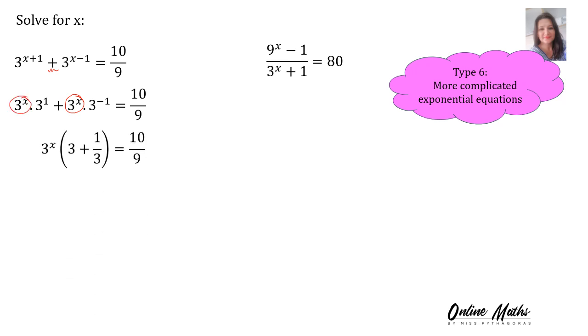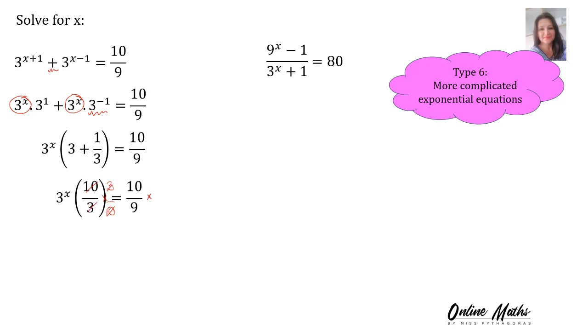So when I take out 3 to the x as a common factor, I'm left with 3 plus 3 to the power of negative 1, which is the same as a third. And then 3 plus a third is 10 over 3. And now I want to get rid of the 10 over 3, so I multiply both sides by 3 over 10, so that that can cancel out.